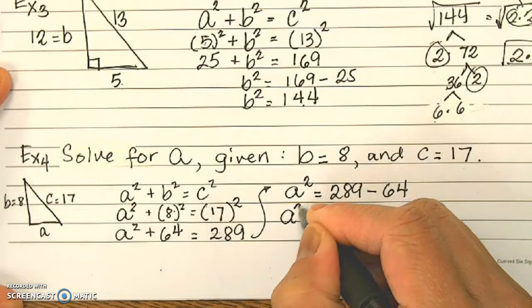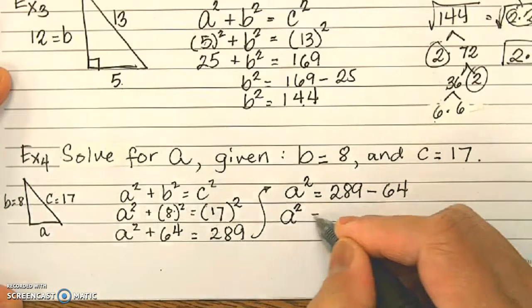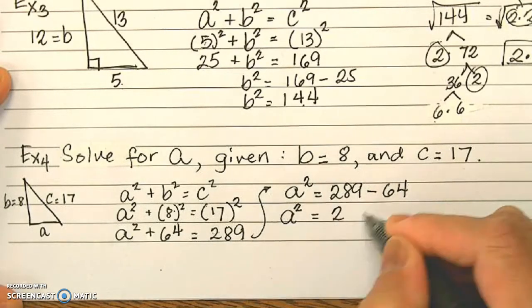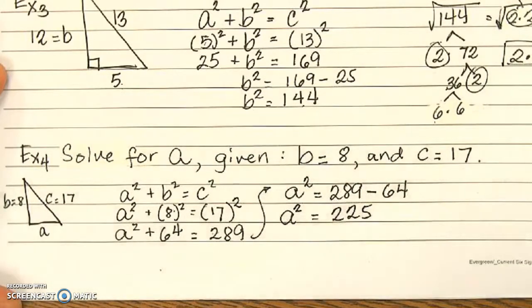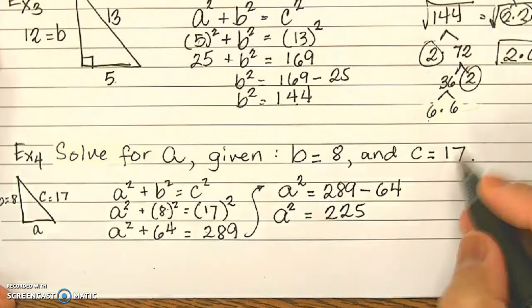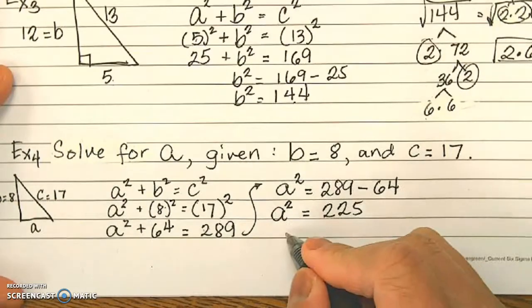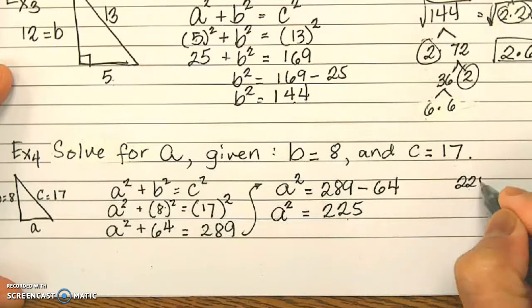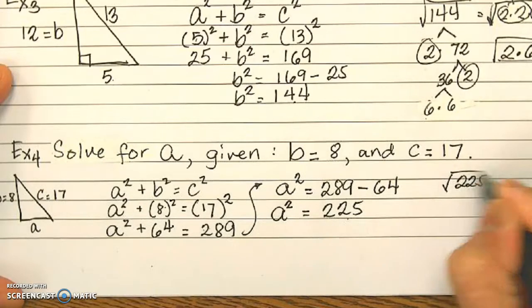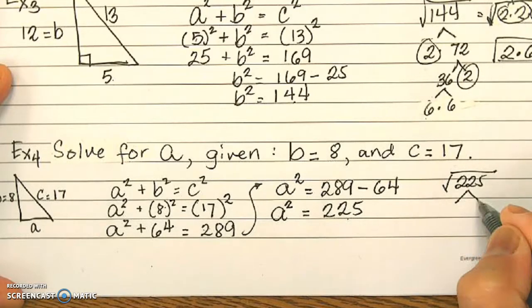a squared, I believe, is 225. 225, I believe, is a perfect square. If not, then go ahead and do 225 here on this side and do the prime factorization.